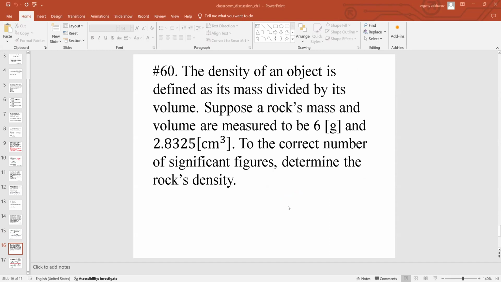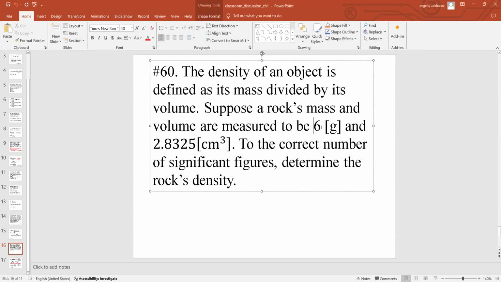Okay, this problem is what you're going to be doing in lab 1, so pay attention. You want to do the lab report. So you got a mass of 6 grams, and you got a volume of this many centimeters cubed. And what do you say? You say, oh my God, those are grams, not kilograms.